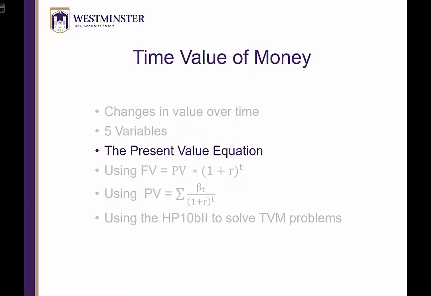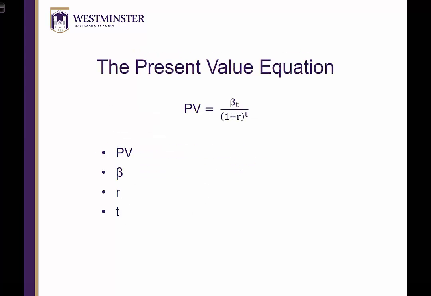So now let's briefly think about what the basic time value of money equation is, the present value equation. The present value equation, not surprisingly, uses the variables that I just noted for you. But it doesn't appear as though I have future value here. And in fact, I kind of do, and I'll help you understand where it exists in a moment.